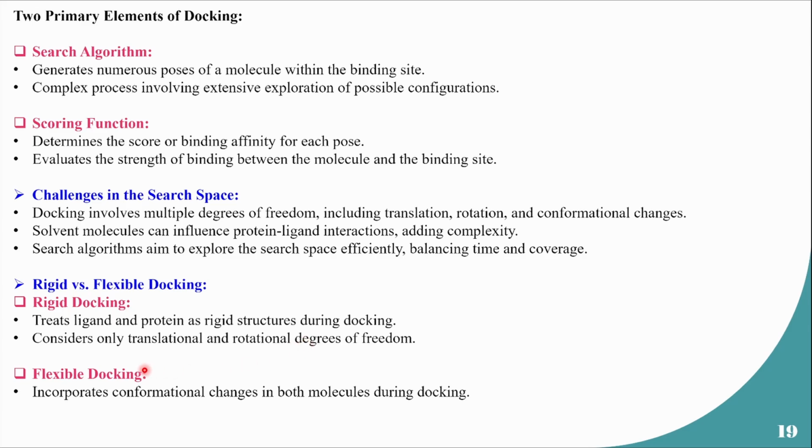On the other hand, flexible docking incorporates conformational changes and allows for a larger search space, but requires more computational resources, because when the search space is that large, it will take a lot more time and higher computing power.